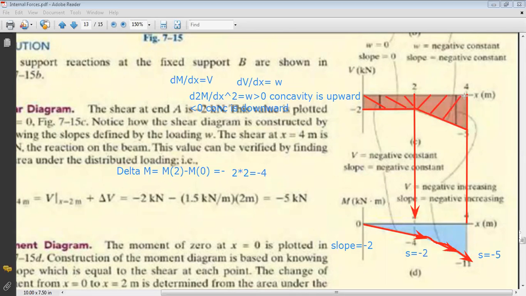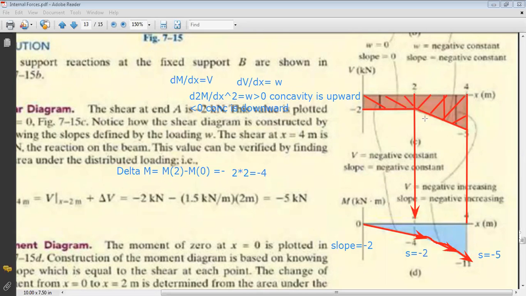This is a trapezoid. So to find its area, I can divide it into two parts, or I can use a rule that the area of a trapezoid is given by this base times this height over 2. Okay, this is another method if you want.